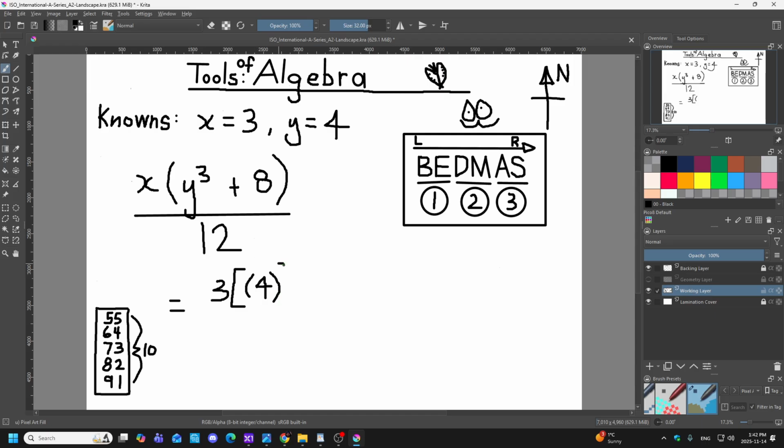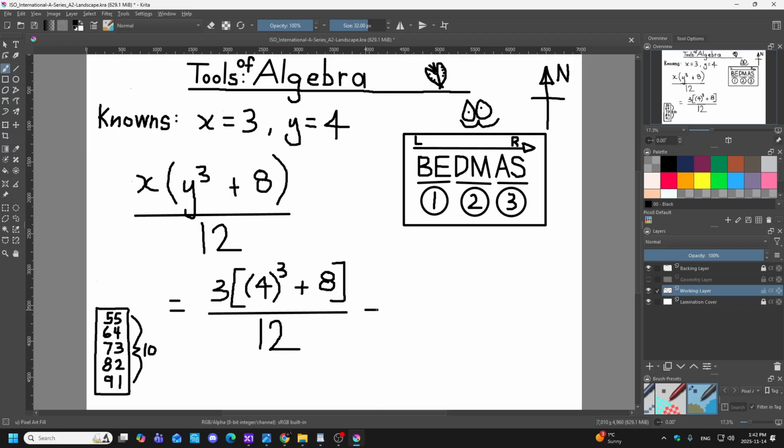And cubed. Don't forget your exponent. Plus 8. And then finish with a closed bracket. In fractional form, it's clear there's not much to do in the denominator because it's just a singular whole number.